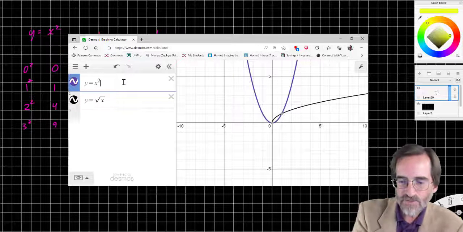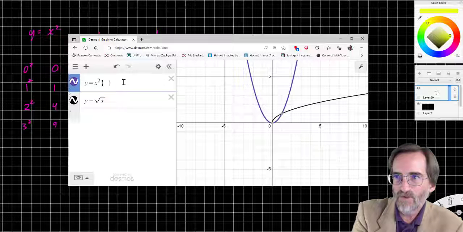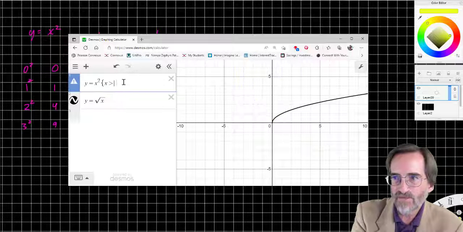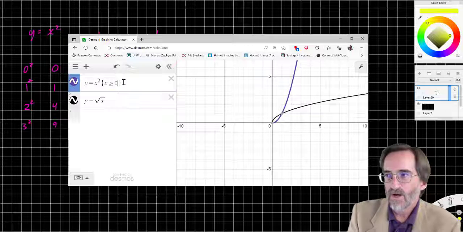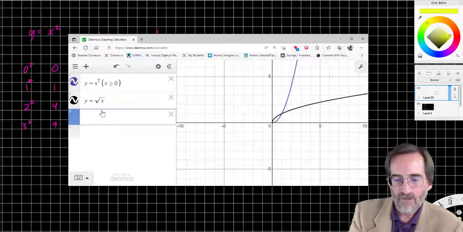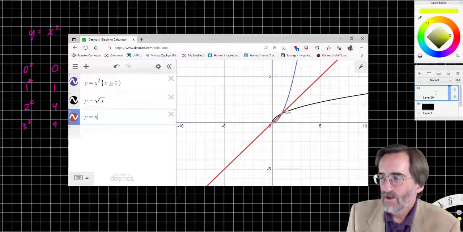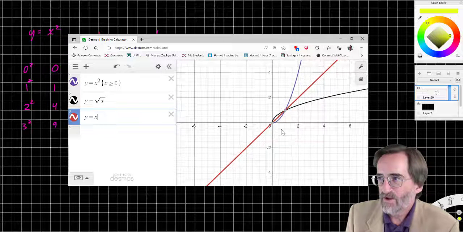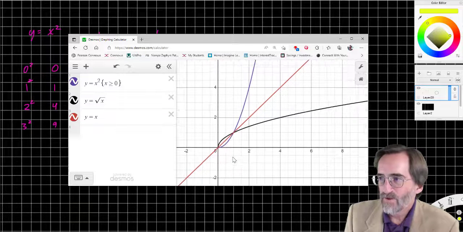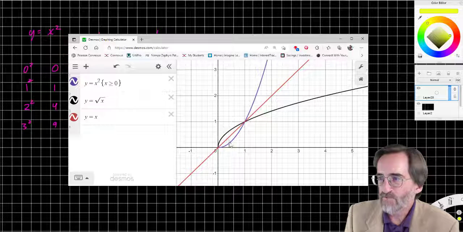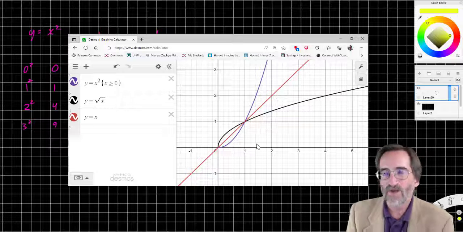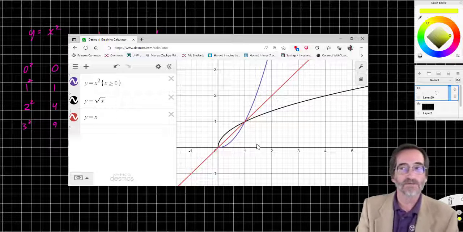Now if I restrict the domain on y equals x squared by saying x has to be greater than or equal to 0, I get a perfect match. In fact, if I graph the line y equals x, the diagonal, it makes kind of a butterfly. There's a mirror image. The purple is the mirror image across that diagonal line of the black. That is the relationship of an inverse function.